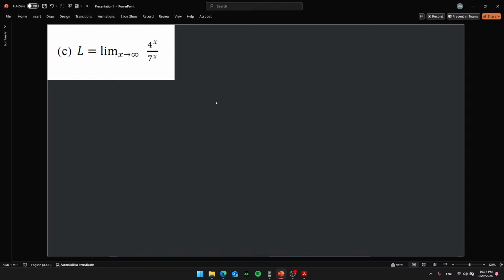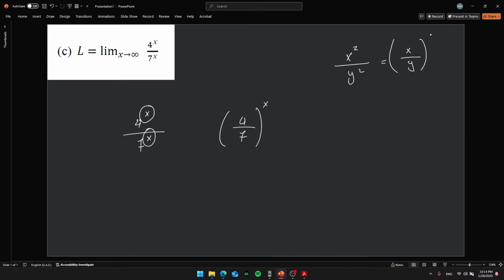So basically he said 4 to the x over 7 to the x, like we can take the exponents and raise the whole fraction to it. Like maybe you have x squared over y squared, you can rewrite it as x over y and raise the whole fraction to the square.